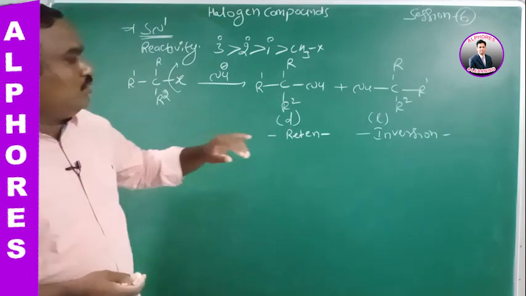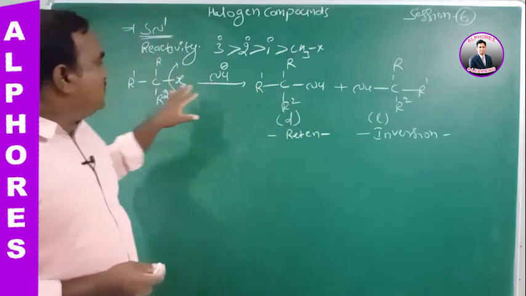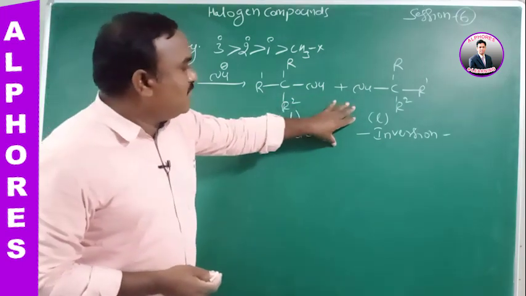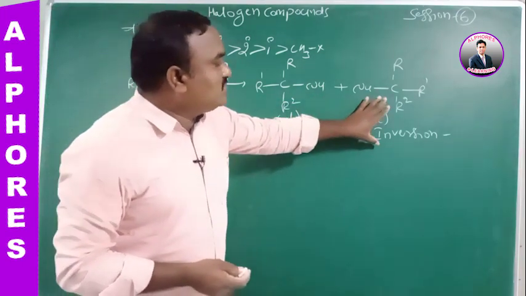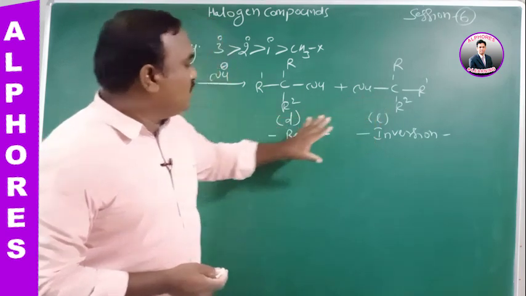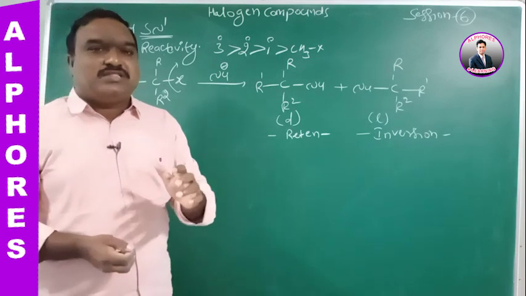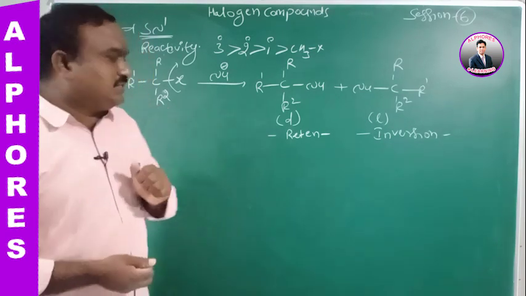But remember, in SN1 reactions, whenever a racemic mixture is formed, the inversion percentage is always somewhat more compared to the retention percentage. Based on the mechanism, we can explain that concept.